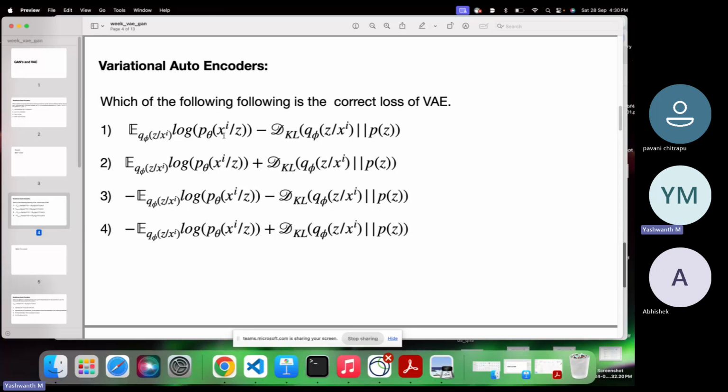And the second one is the KL divergence between the latent distribution, I mean the posterior of the latent given xi, and the underlying distribution of the latent variable. So, yeah, if we know the derivation of the variational autoencoder, we can quickly see that the first option is correct.